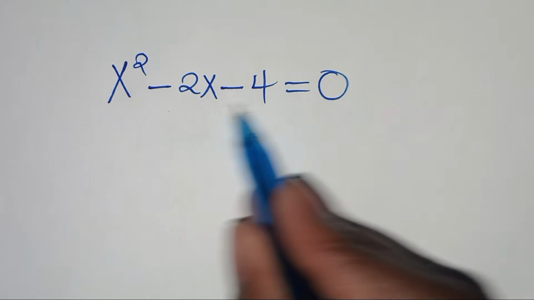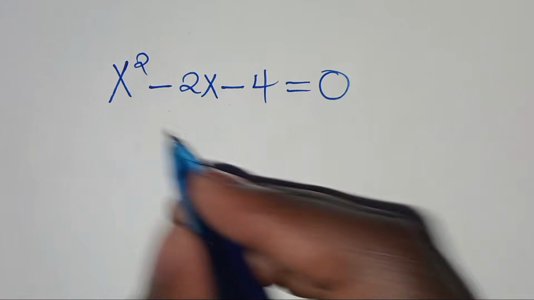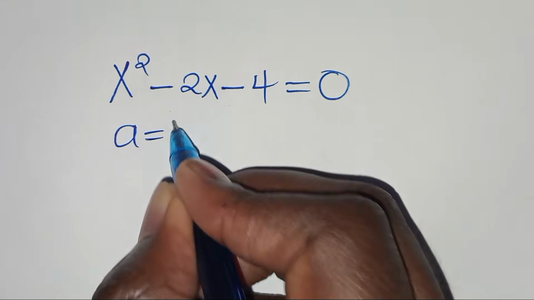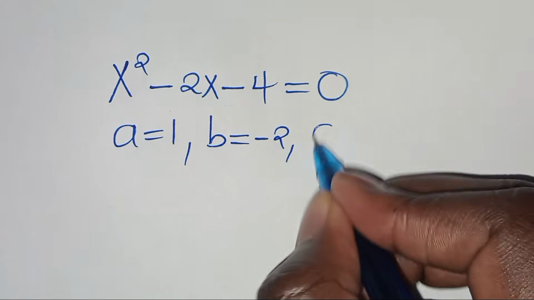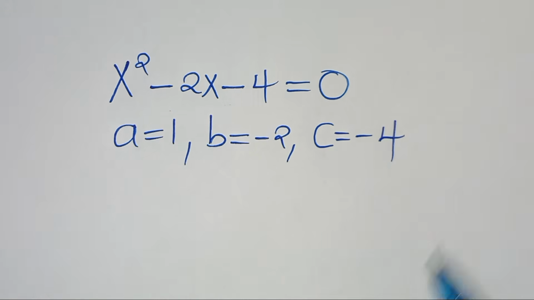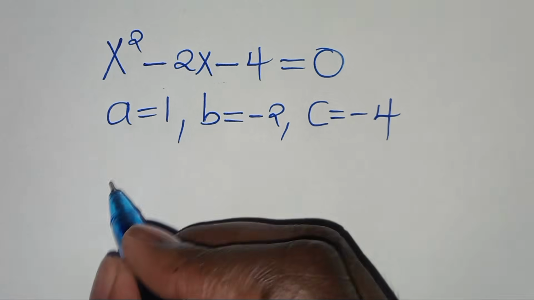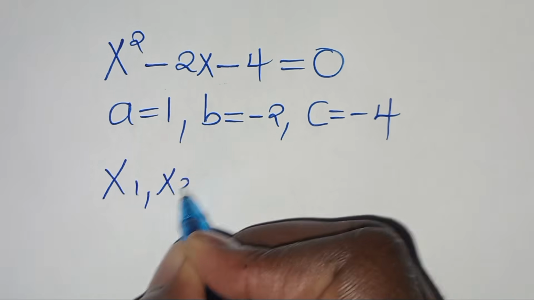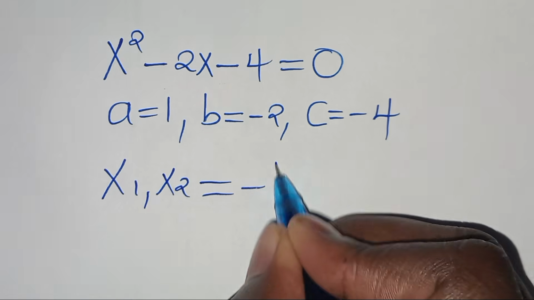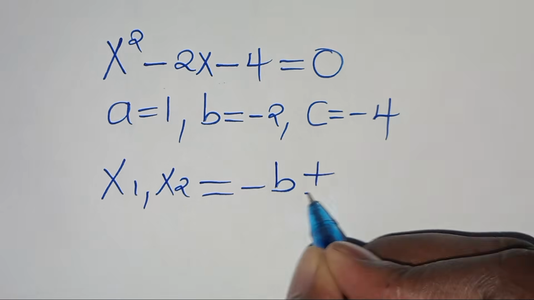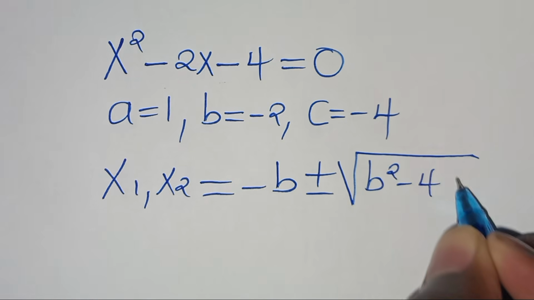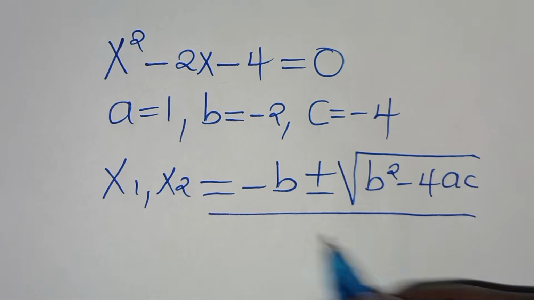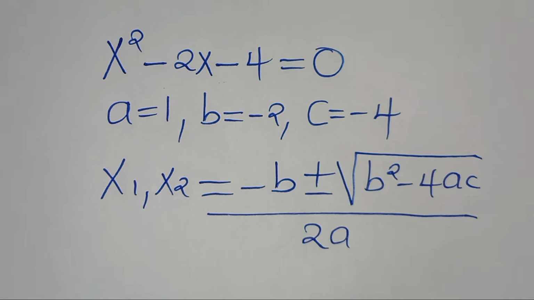So this is a quadratic equation. We have a equal to 1, b equal to minus 2, and c equal to minus 4. To solve for x1, x2, let's apply the quadratic formula, which is minus b plus or minus the square root of b squared minus 4ac, everything divided by 2 times a.